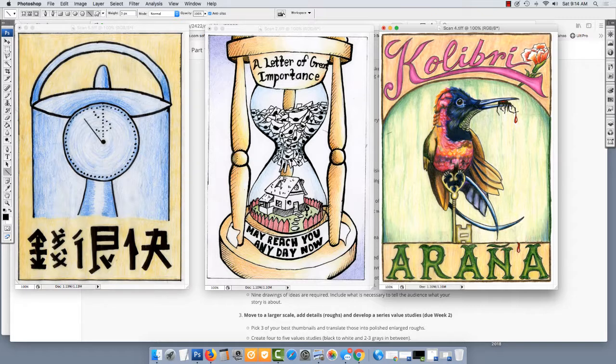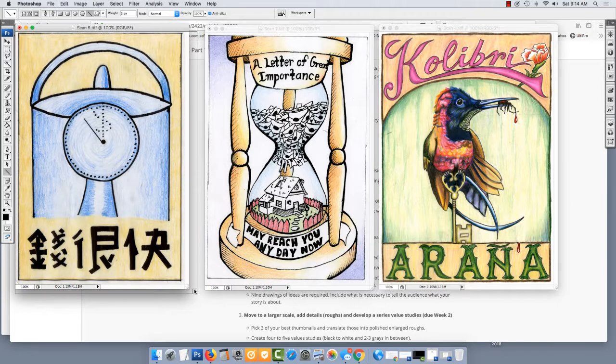The hummingbird is so small it can be killed by a spider, but this hummingbird has killed the spider. So the hummingbird is now in the powerful position. This was a watering can with an hourglass on it, or a clock with the dollar symbol being the little holes that the water comes out. And this is Chinese for something about, let's say, money or something like that.